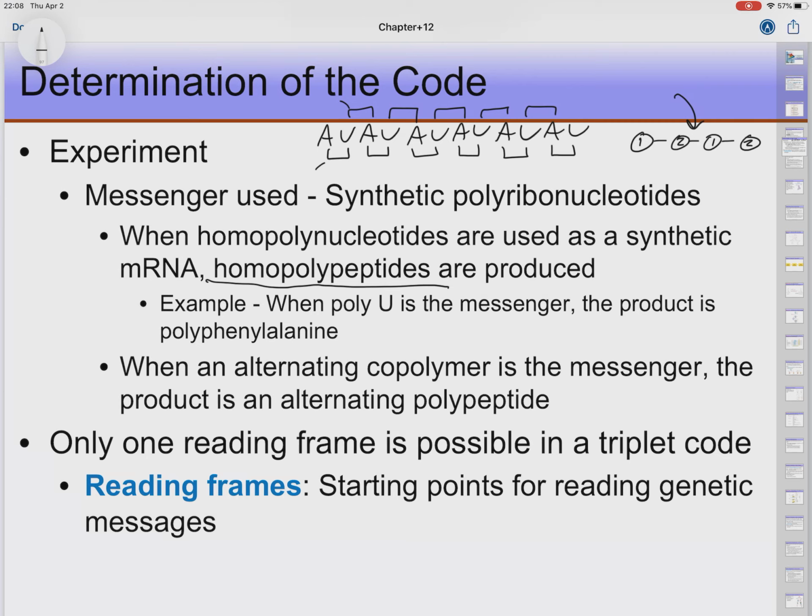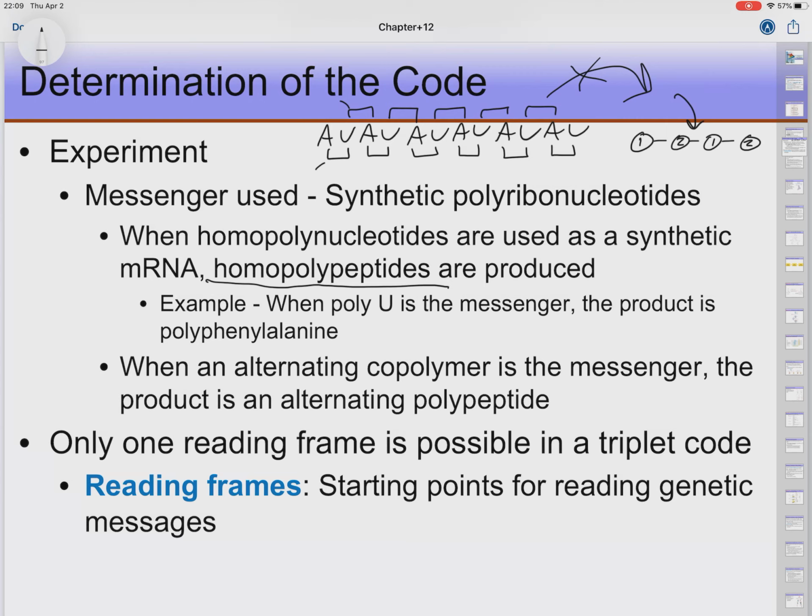If it was both, let's say that some ribosomes did it one way and some did it another way, then we would get a half and half mixture of two polypeptides, but both would be made up of only one type of amino acid. And none of those things happen. We don't get homopolypeptides. We also don't get two kinds of homopolypeptide. We only get one kind of polypeptide and it's an alternating amino acid sequence. That's not what we would get if it was a doublet or if there were continuous reading frames.